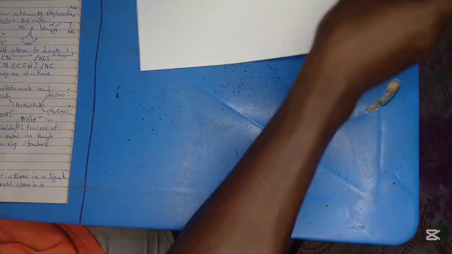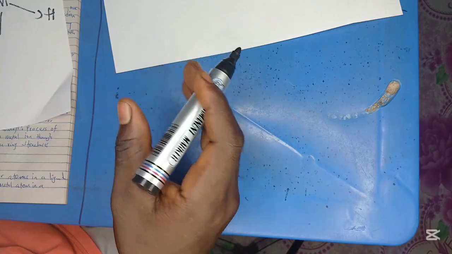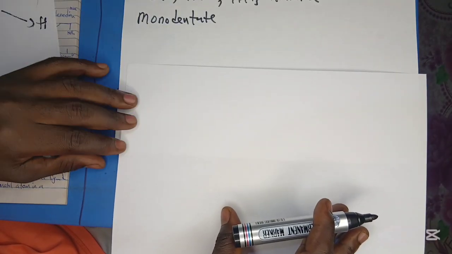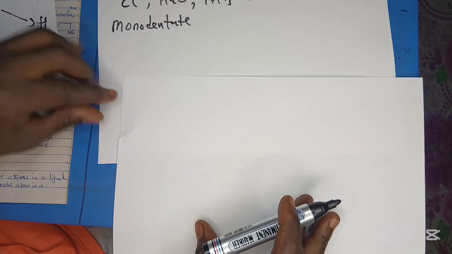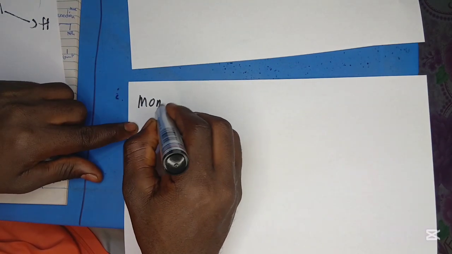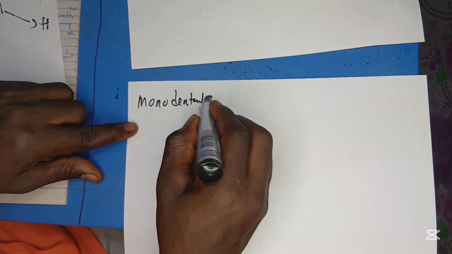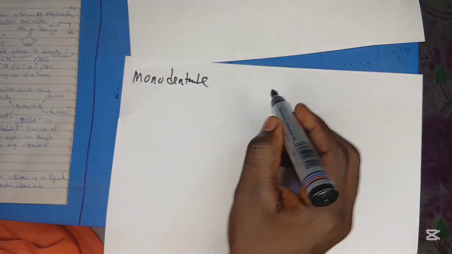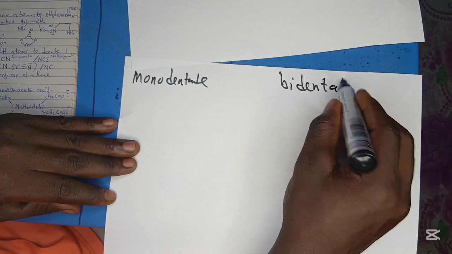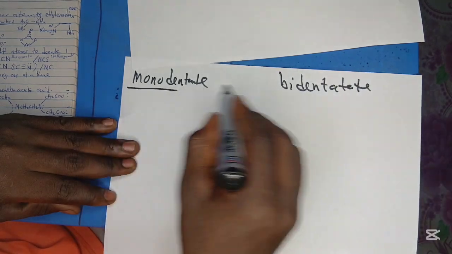Let me write this here. Take your time. You are going to understand what is meant by denticity of a ligand. I just want to illustrate it in a proper manner. So we have monodentate, and you can also get bidentate ligands.